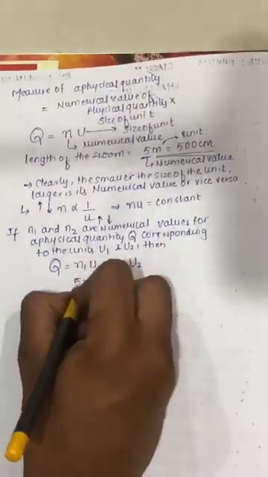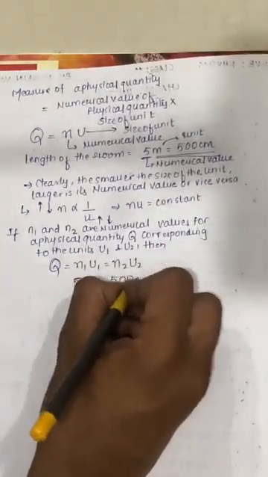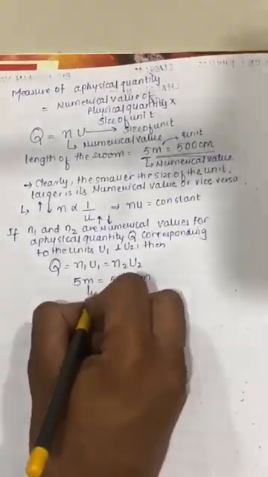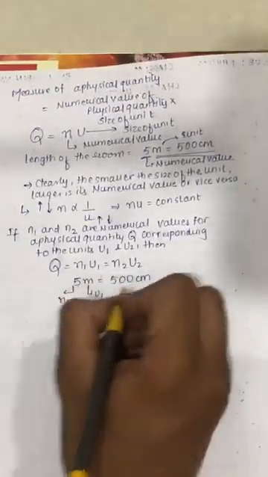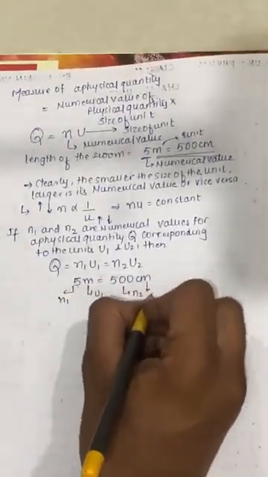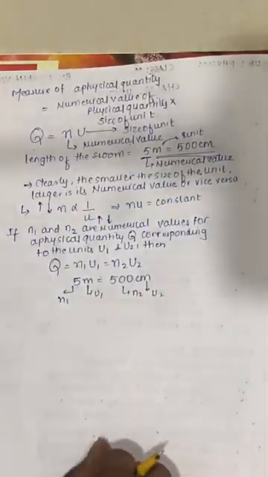That is the same example. 5 meter is equal to 500 centimeter. This is your n1, this is your u1, this is your n2, and that is your u2.